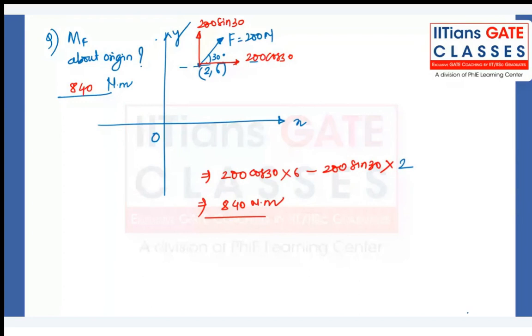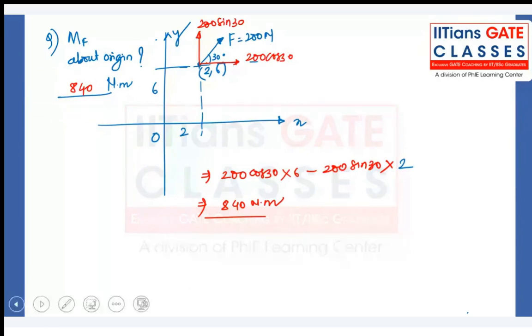Thanks, Sonali. 200 sin, 200 cos of 30. The perpendicular distance for that is 6, and for this force the perpendicular distance is 2. I hope it's clear now. Okay, I'll come to the previous question to answer your doubt, Kanishk.